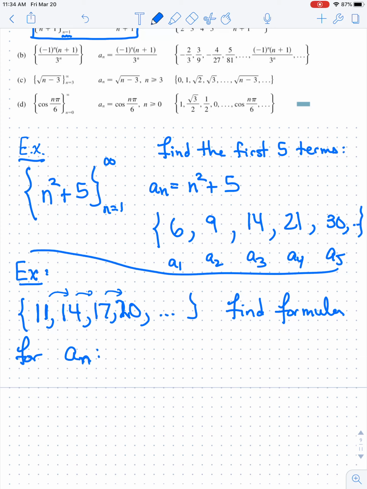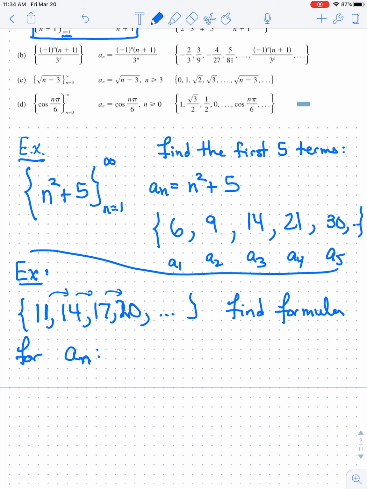So this really seems like I started with 11. And then I did 11 plus 3. And then I did 11 plus 3 times 2. I'm basically adding a 3 each time. So let's just try a guess. We'll see if it's right.